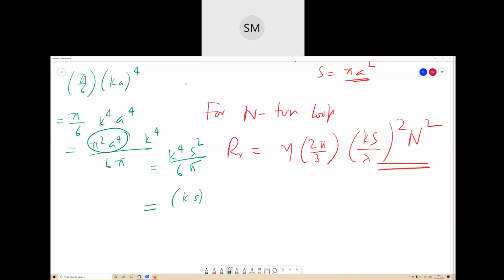That is Ks square, K square. What? Ks by lambda square into K square lambda square.